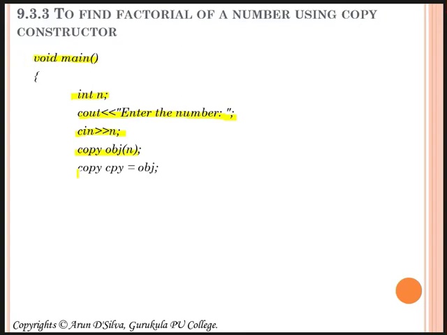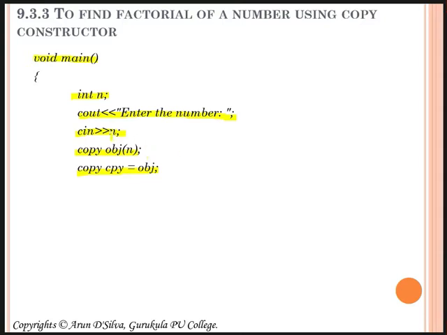And next I'll create one more object, cpy, of the copy class equal to obj. Now here what happened? The copy constructor will be invoked, and whatever member data obj has, that content will be copied to the cpy member data.